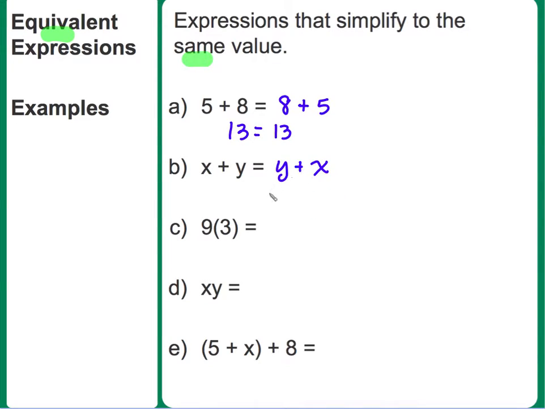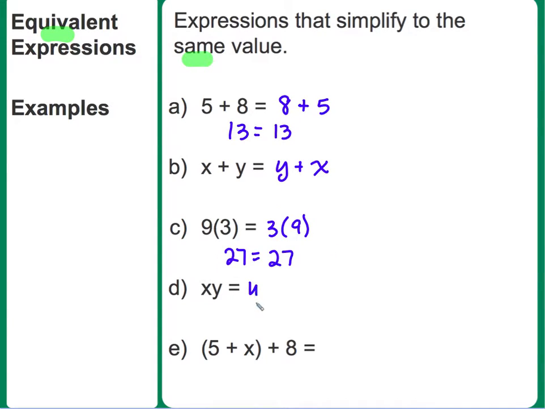And that's simplified. We actually can't do anything else with those. Looking at multiplication, 9 times 3 is equivalent to 3 times 9. These are equivalent expressions because they both simplify to 27.